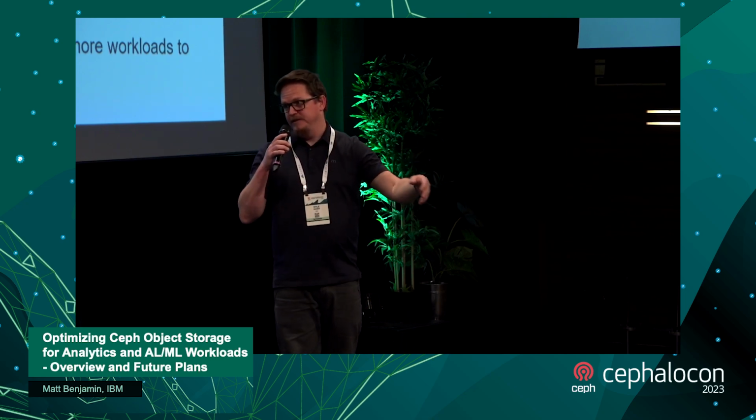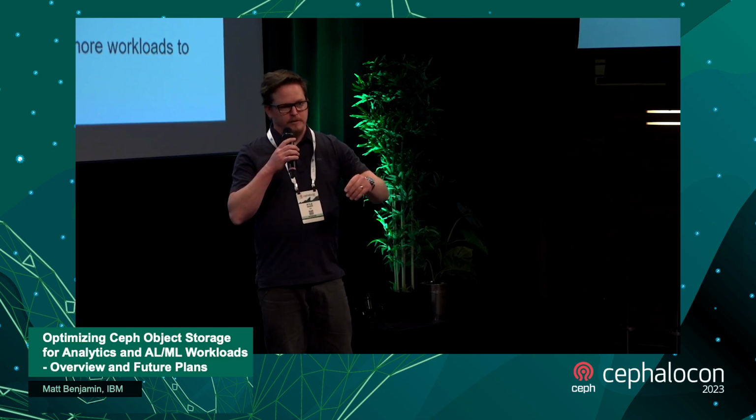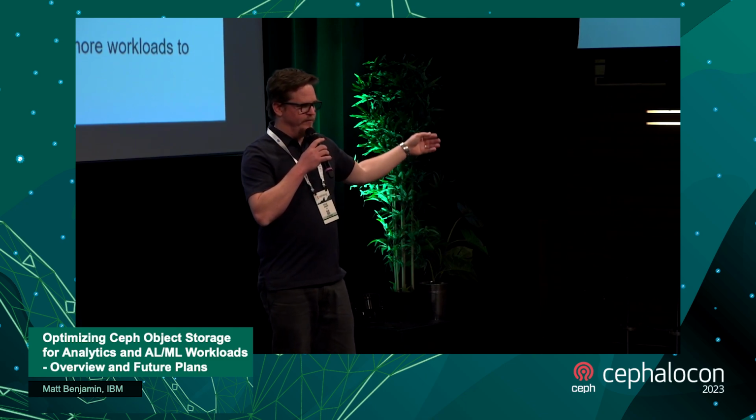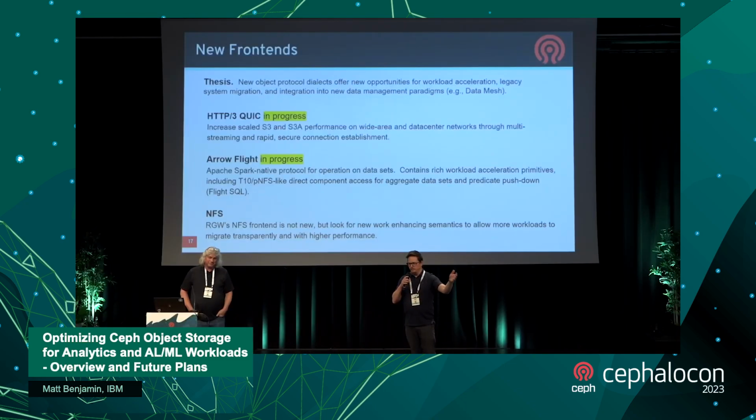And then Arrow Flight takes it even one step further. So who here is familiar with NFS? Lots of people. Who here is familiar with parallel NFS? Okay. So what parallel NFS is to files, Arrow Flight is to tables.